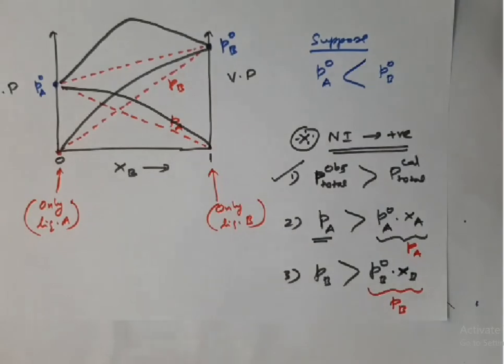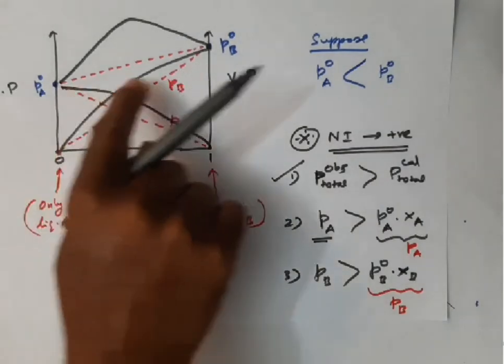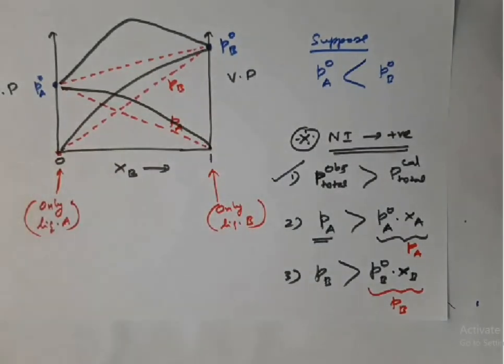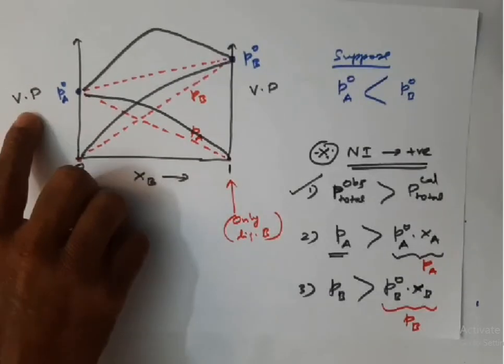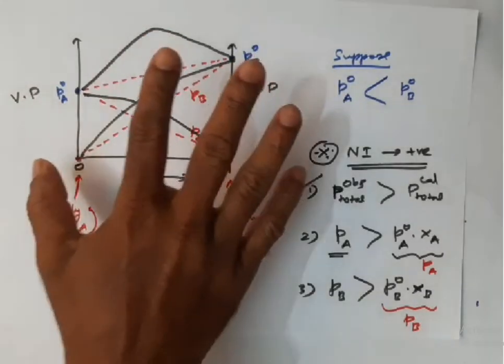So students, observe carefully, that dotted line corresponds to ideal solution. But now your solution is non-ideal, showing positive deviation. Whenever positive deviation is given, the curves will go above ideal straight lines. Positive deviation means the curve will go above the straight line. That's the point. Okay, and this curve is called vapor pressure composition curve.